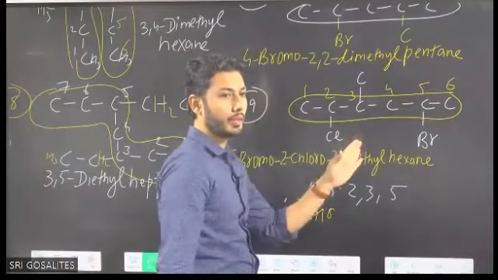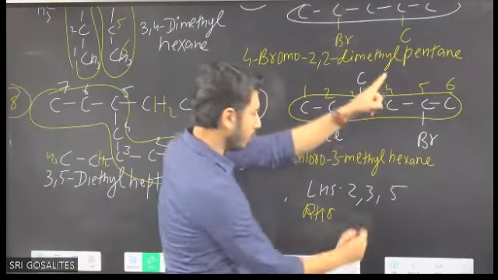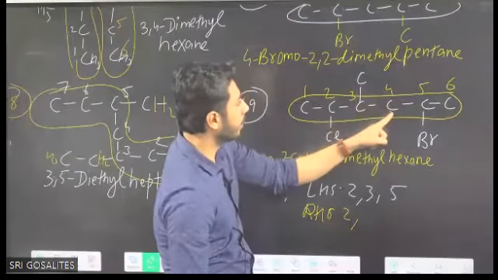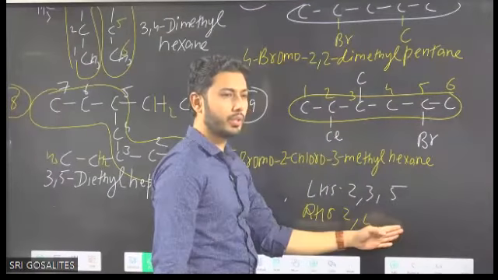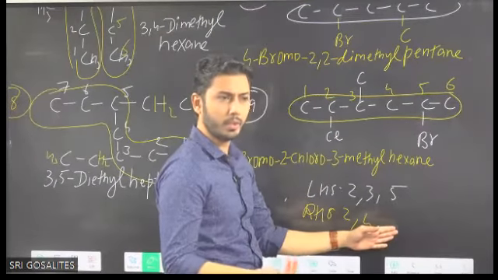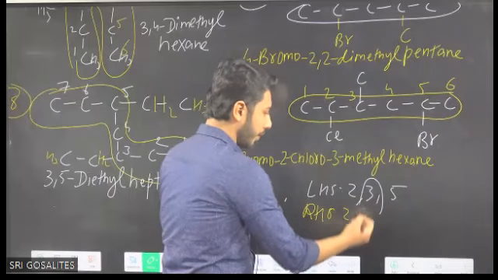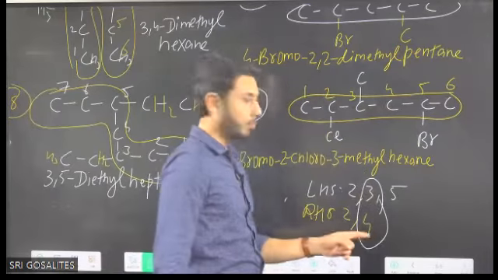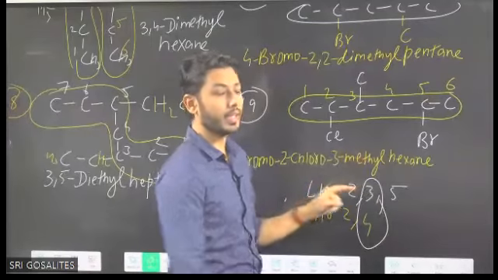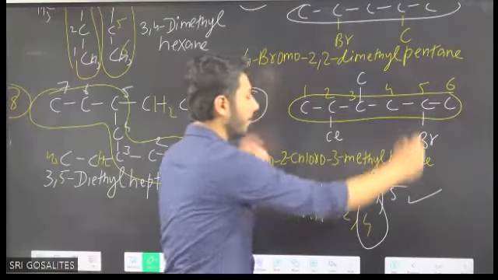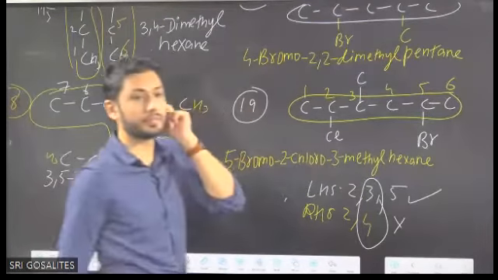Numbering 1, 2, next substituent 3, 4. Do we have to mark the further numbering? No. By first point of difference. First point of difference 3 and it is 4, so the minimum number is 3. Numbering will be from the left hand side, not the right hand side.